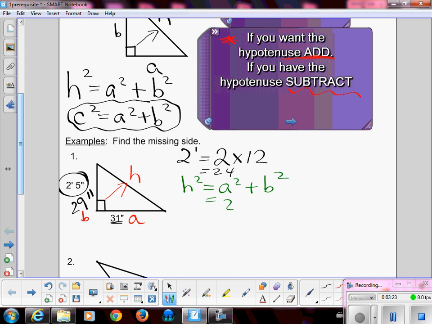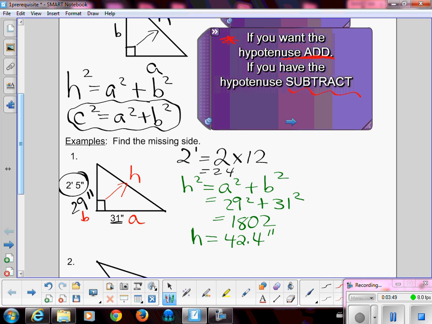So I have 29 squared plus 31 squared, and this is going to be a fairly large number. I pull up my calculator, and I have 1802. Obviously, that's not my side length. I have to take the square root of that, and we end up with approximately 42.4, and it would be inches.